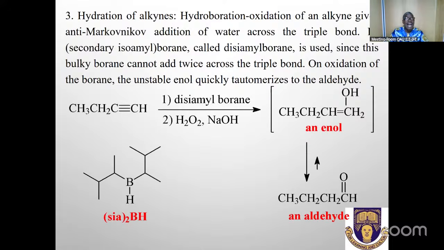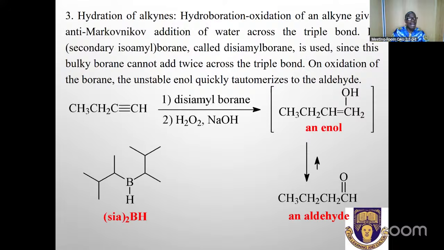Now, hydration of alkynes by hydroboration-oxidation gives an anti-Markovnikov addition of water across the triple bond. If you recall very well, Professor Olomola taught this in his class. So go and revise, then come and read this, then you will understand very well what we are saying here.